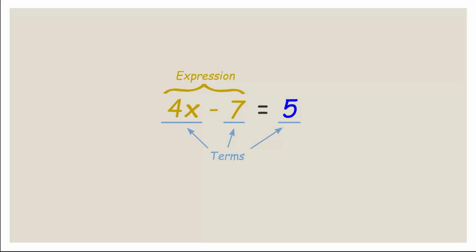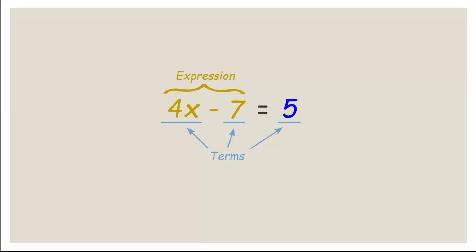Now, a formula is a mathematical rule that uses 2 or more pronumerals. So 2 or more variables. In this equation, we've only used one variable, the x. But if we had 2 or more, that would be a formula. Now, what we can do is substitute a number in for a variable, for a pronumeral. And that number takes the place of that pronumeral.